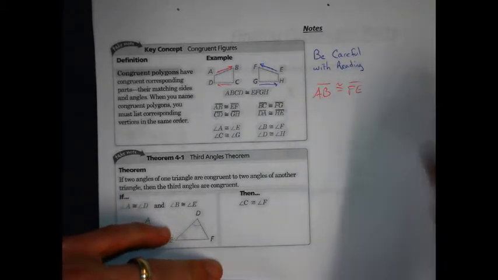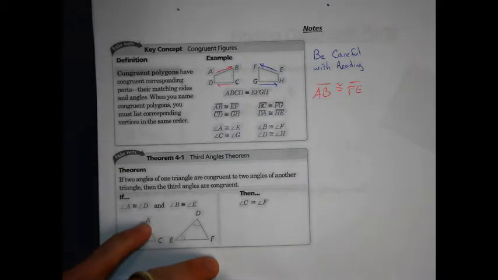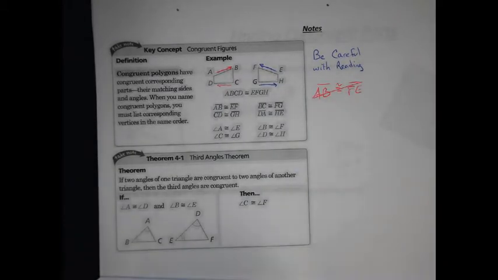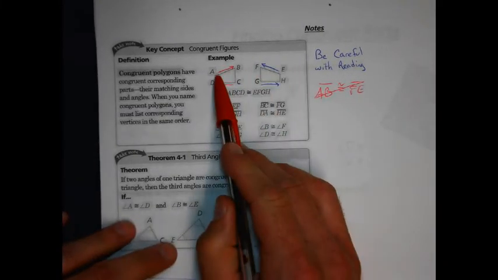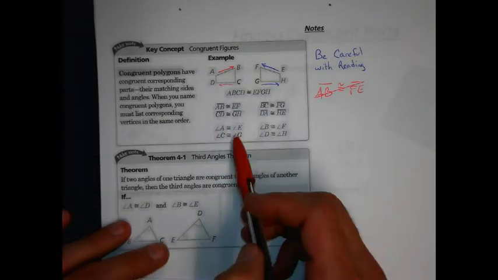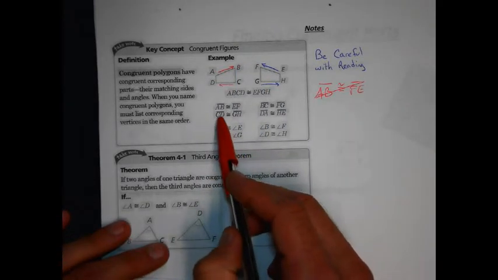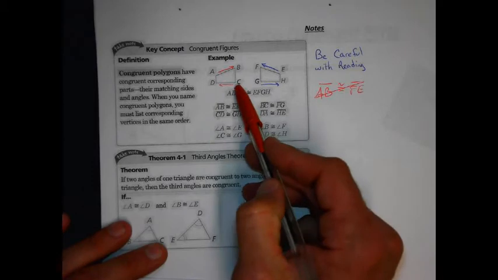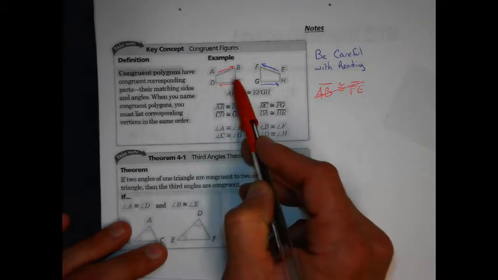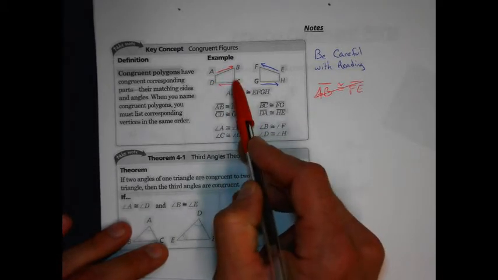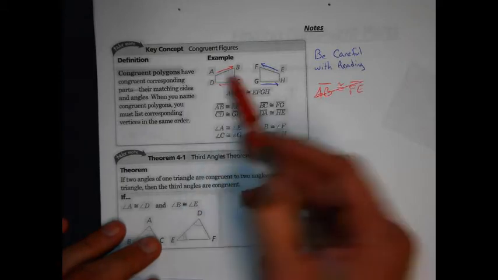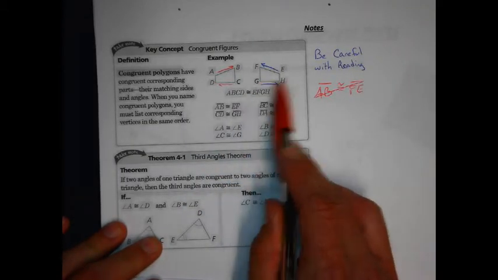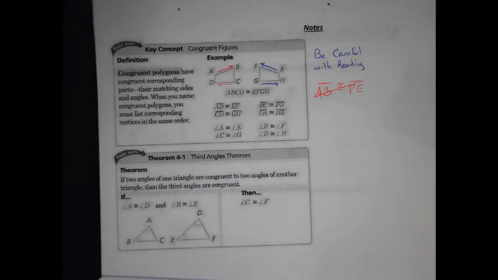We cannot say segment AB is congruent to segment FE. That is totally incorrect. We can't say that because AB has been read up, so EF has to be read up. And the same thing with segment CD. CD is read going from the long side out to the short side. So segment GH has to be read from the long side out to the short side.